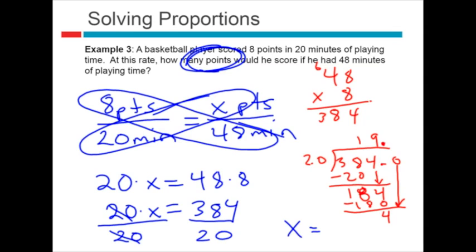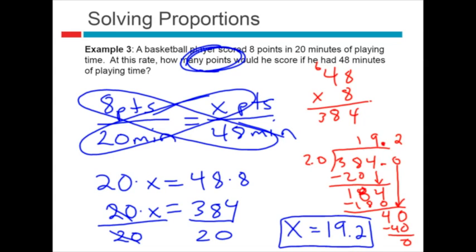Put that decimal point right up top of my quotient too. And 20 goes into 40 2 times. 2 times 20 is 40. And now I have no remainder. So that means that 384 divided by 20 is 19.2. All right, so that means that this player would score 19.2 points if he had 48 minutes of playing time.